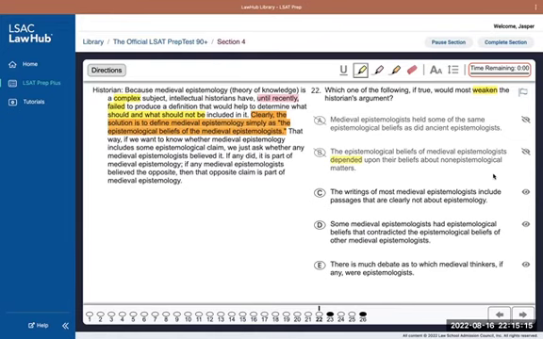C, the writings of most medieval epistemologists include passages that are clearly not about epistemology. So, okay. This actually isn't going to be a problem because we're worried about stuff that could be in the definition. If it's clearly not, then that won't pose a problem, right?